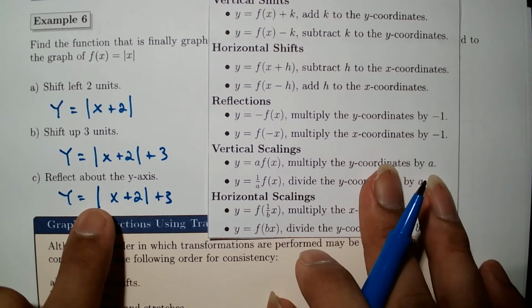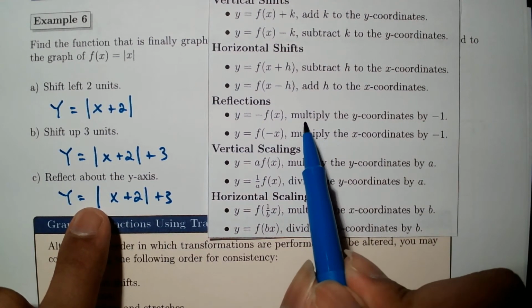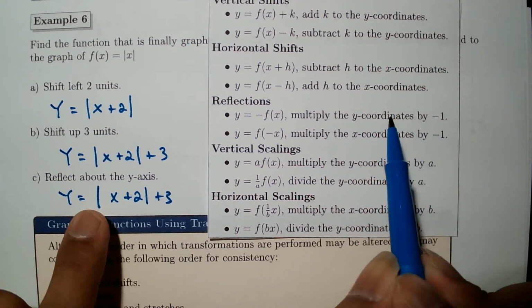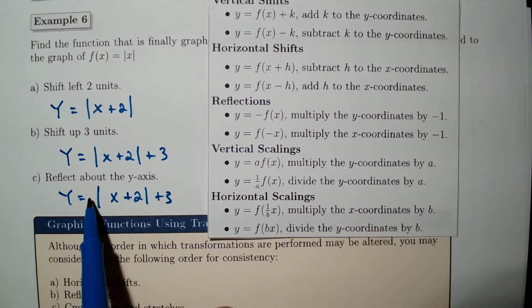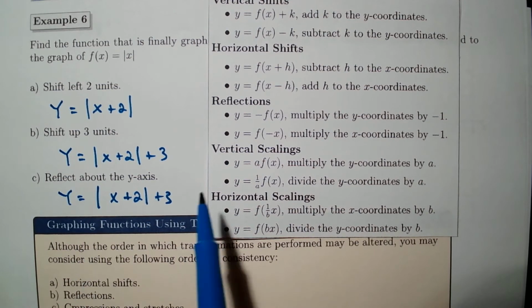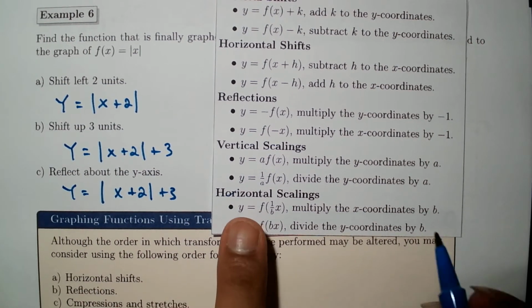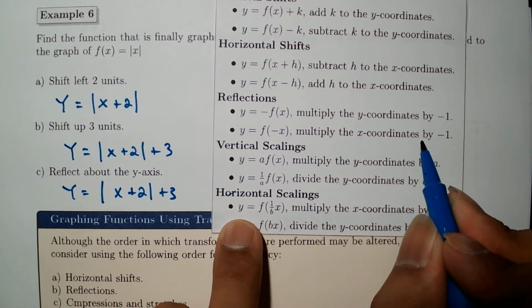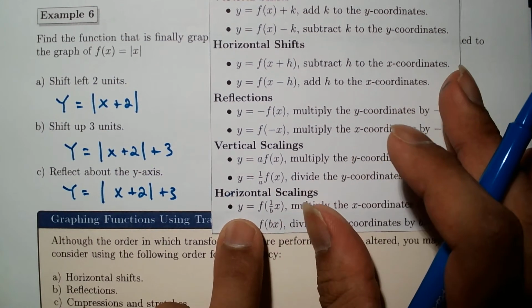So in this case, let's look at reflections. When we multiply the y coordinate by -1, that is, if we put a negative in front of the entire function, this flips the graph upside down. So that's not reflection about the y-axis.